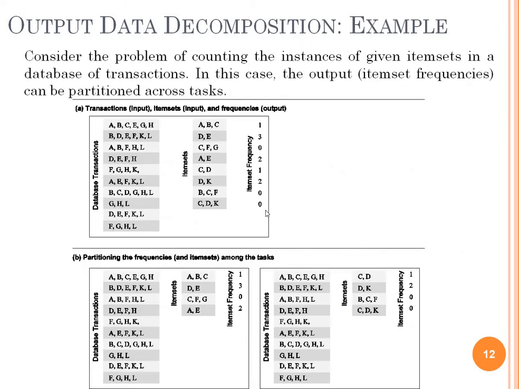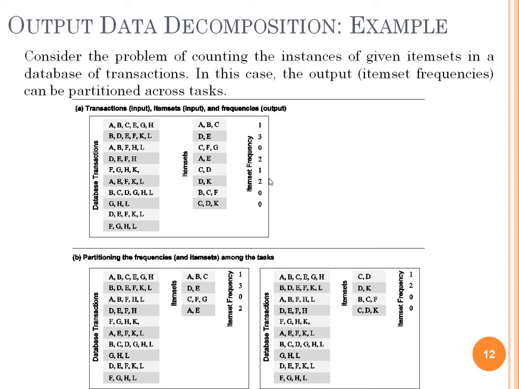Now we will see one more example of output data decomposition. Consider the problem of counting the instances of a given item set in a database of transactions. In this case, the output, that is the item set frequency, can be partitioned across the tasks. Now see here, these are the item sets, and this is the transaction database.